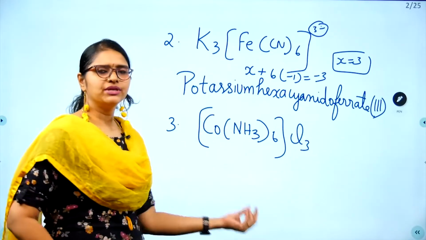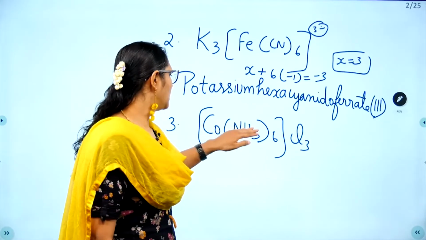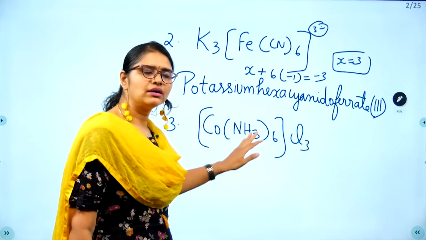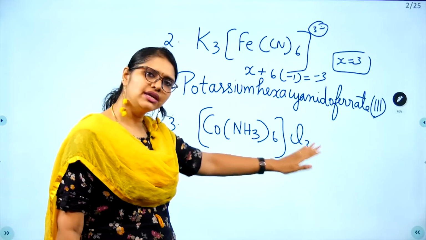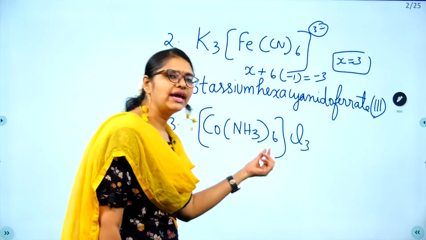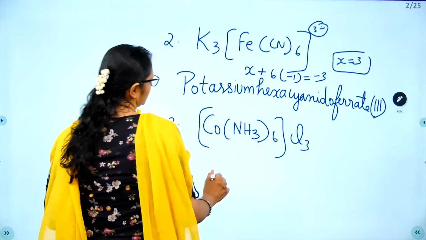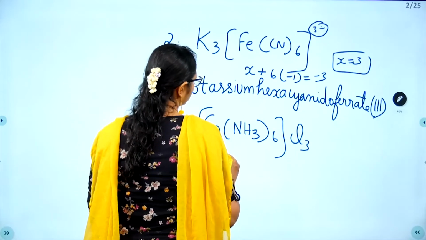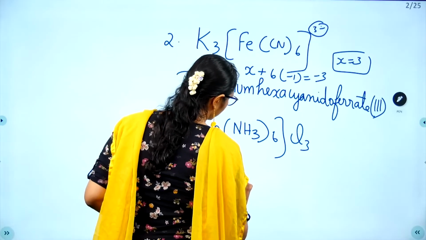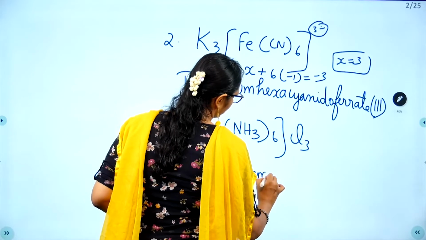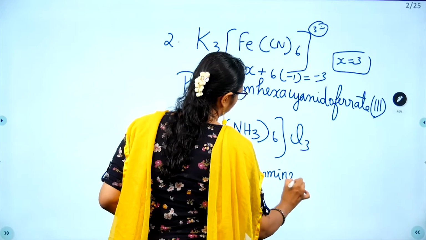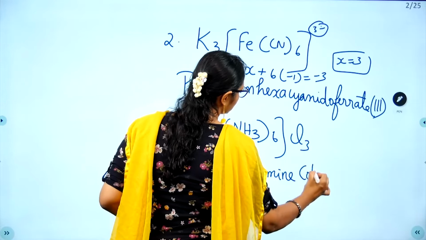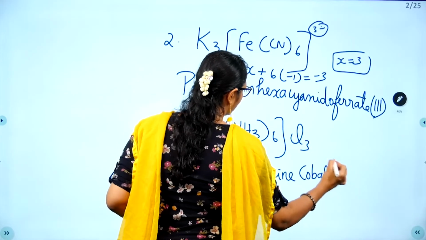Now how to name this? You have cobalt and NH3 6 times, Cl3. So how will you name this? We don't have a positive ion, so start with the ligand. Hexaamine, with a double M, cobalt.